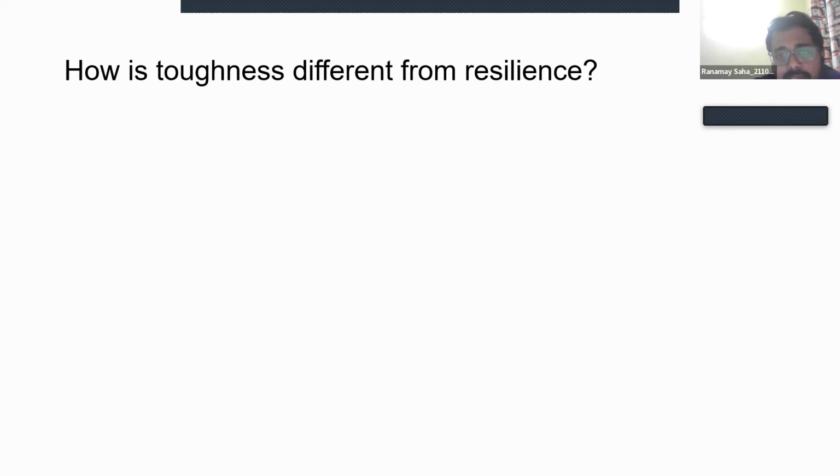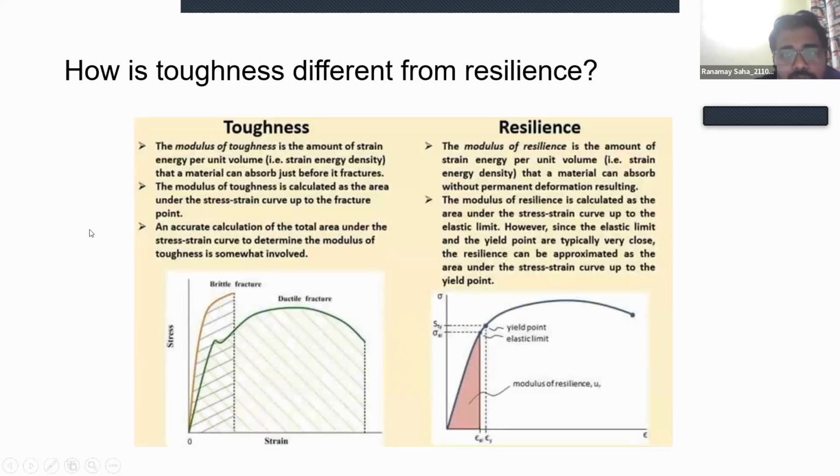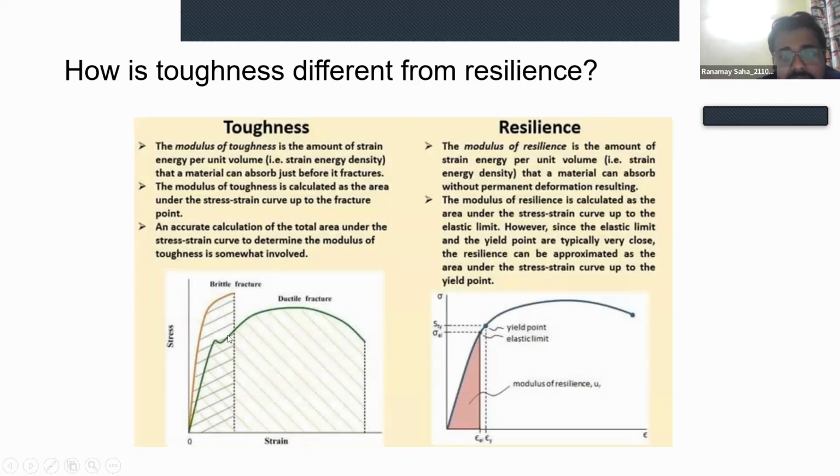So, resilience is the energy absorbed up to the elastic limit. So you can see here from the diagram directly from the stress strain curves. The first one is for toughness and this one is for resilience.